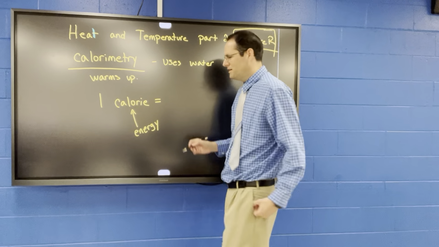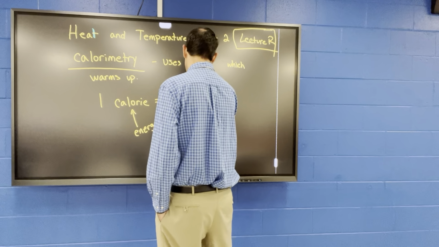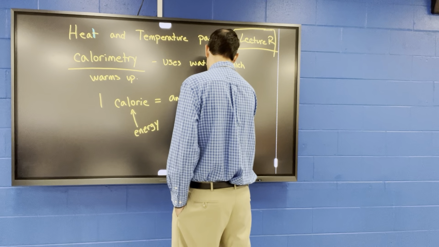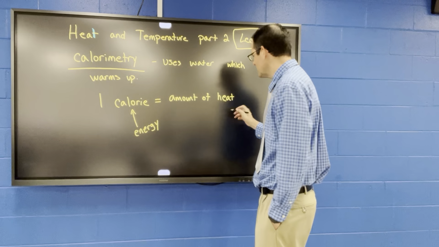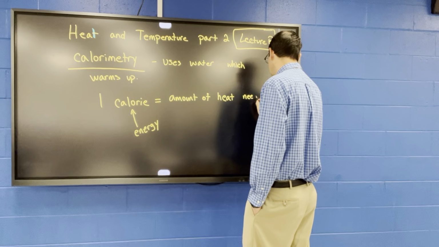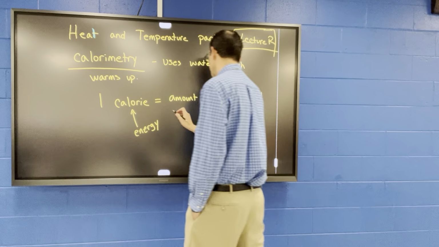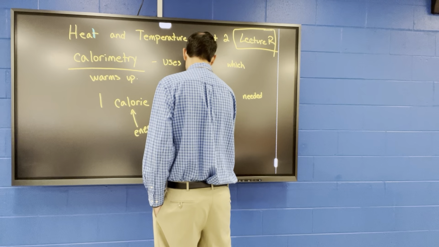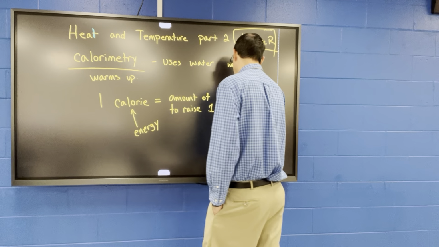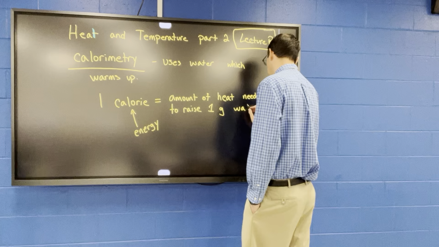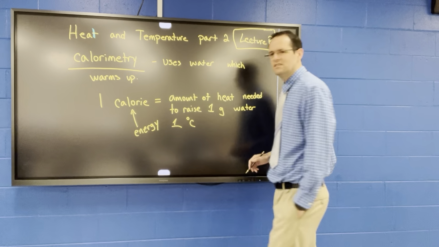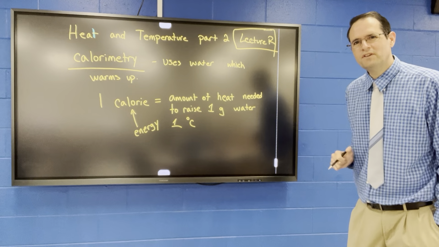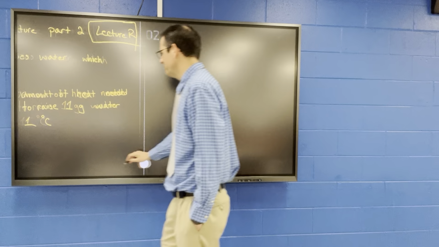So 1 calorie is the amount of heat or energy needed to raise one gram of water by 1 degree Celsius. All right, this is review. We've talked about that in the last lecture.